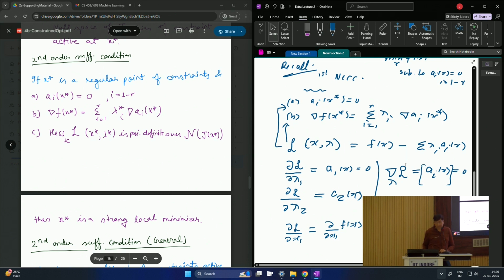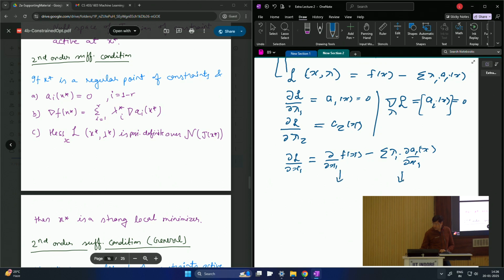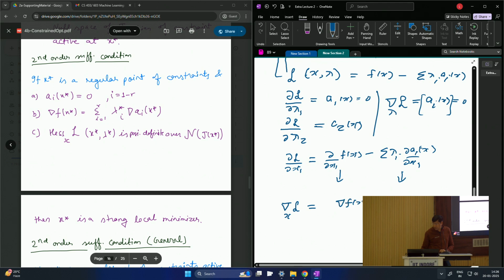Everybody with me? So this will go like this, which means that if I have to write the gradient of the Lagrangian with respect to x, it will be the gradient of the function f, where you write x or don't write, doesn't matter, because f is a function of x only, there is no lambda here, minus summation lambda i gradient of ai of x. You write x here or don't write, doesn't matter, because a is again just a function of x.